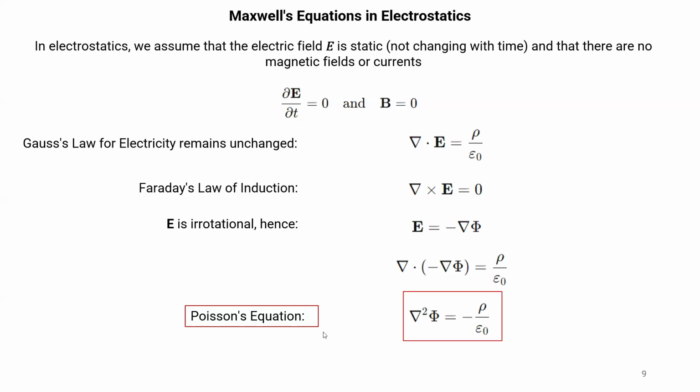You come to the final result, the Poisson equation, which connects the scalar potential and the distribution of electric charge in space.